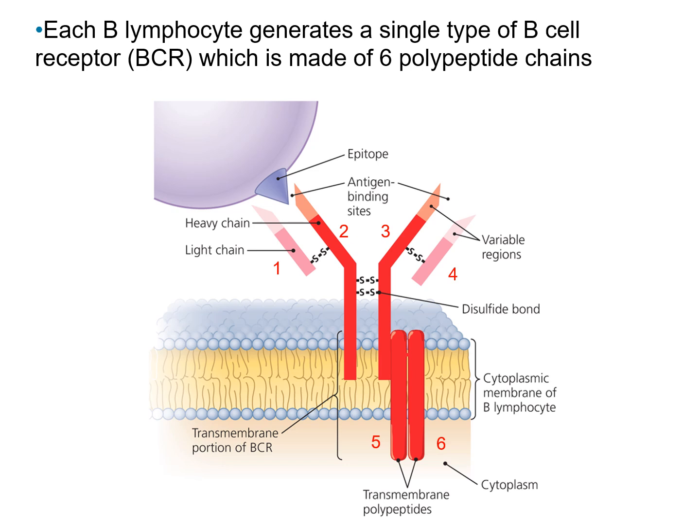And 5 and 6 is embedded in the membrane. The variable region that binds to the epitope is part of 1, part of 2, part of 3, and part of 4. This is the B cell receptor.